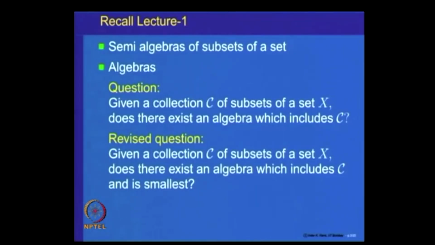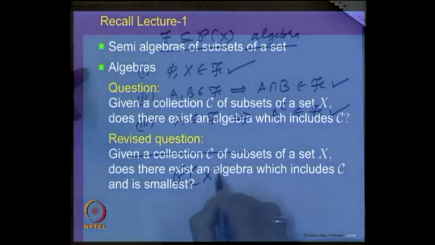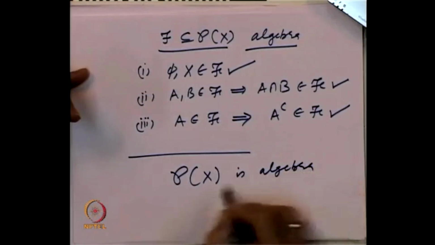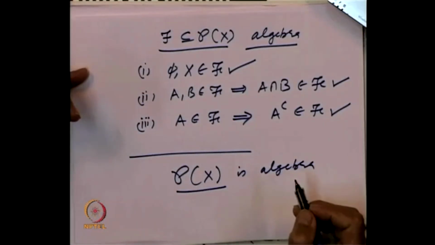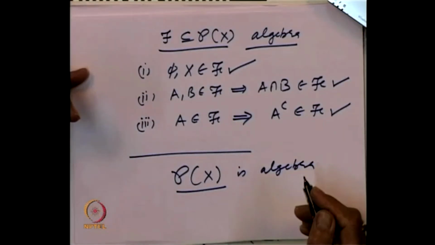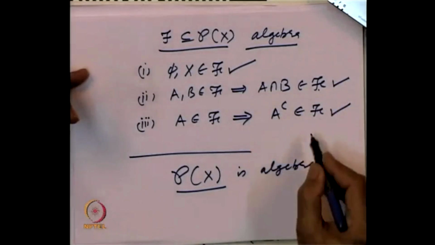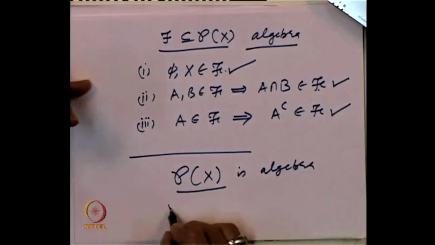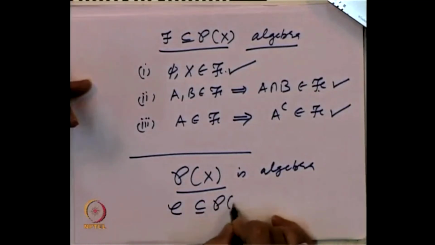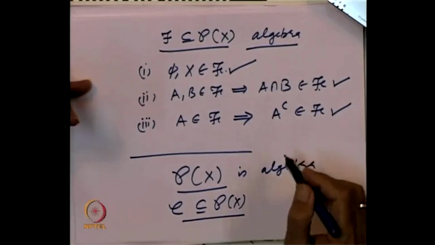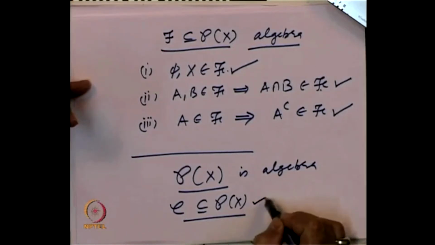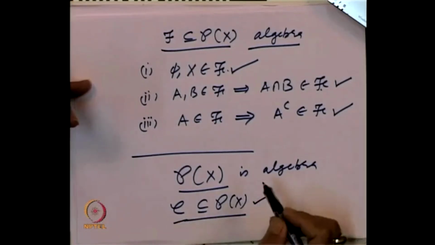For example, the power set of X is always an algebra because it is a collection of all subsets of X. So it has all the properties, namely it is closed under intersection and complements and includes the empty set and the whole space, and obviously C is a subset of P(X).